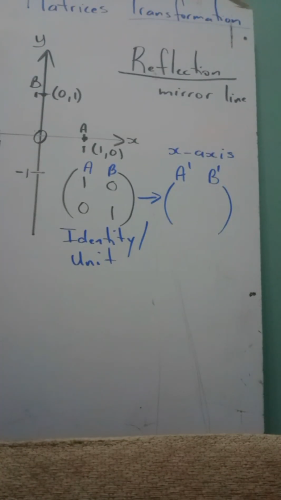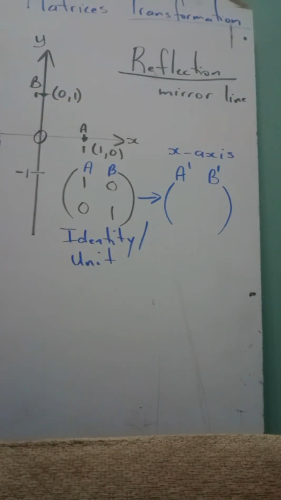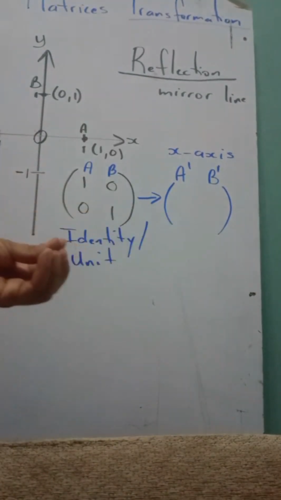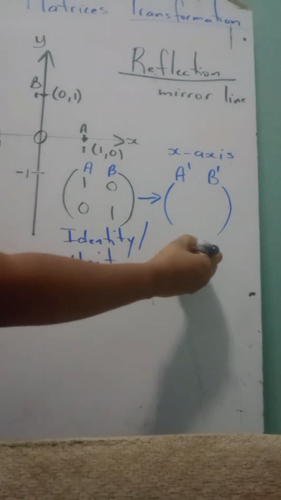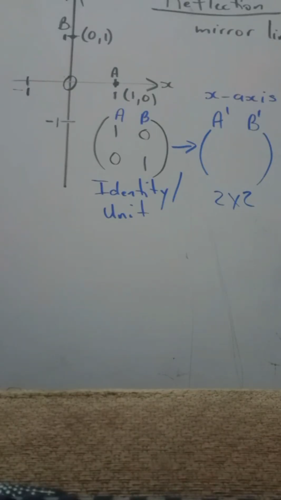Now, what I want to explore with you is how do I obtain the particular matrix that would be used to represent a reflection. And we're going to start with the mirror line, the x-axis. What I'm doing here is that I want to obtain the 2 by 2 matrix that I would use if I wanted to transform any point using an x-axis reflection, and I want to transform it using a matrix. So I'm trying to obtain that matrix that would do that for me, right?